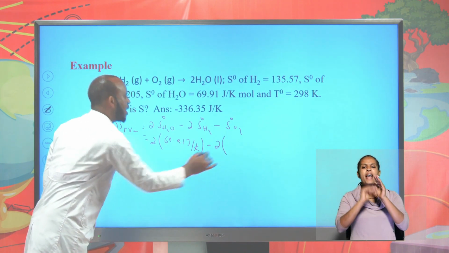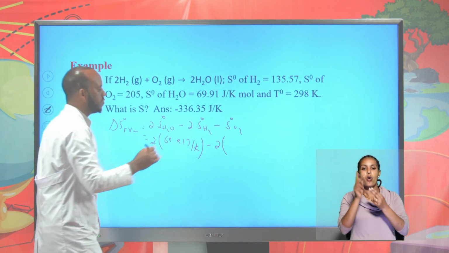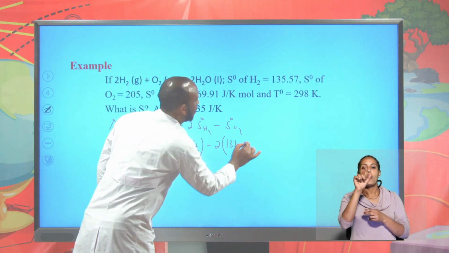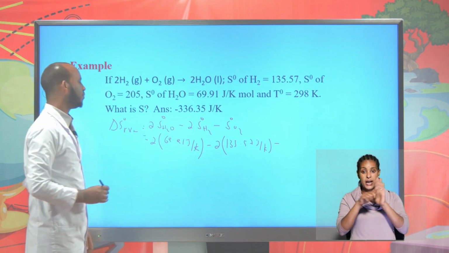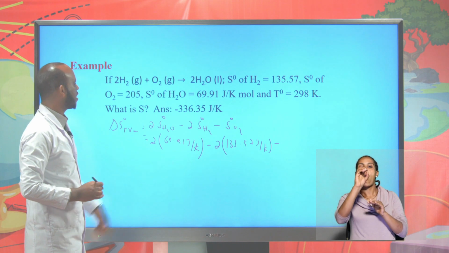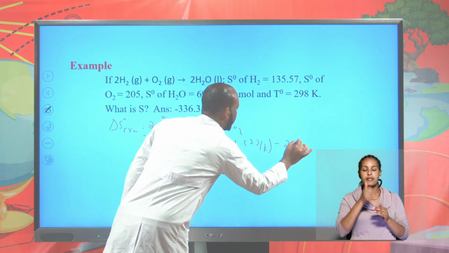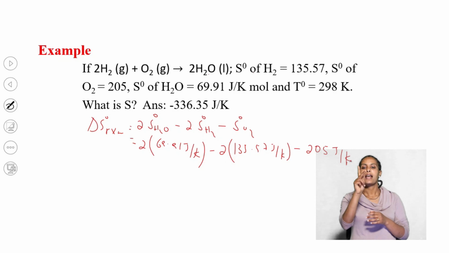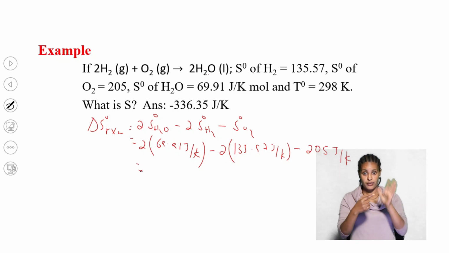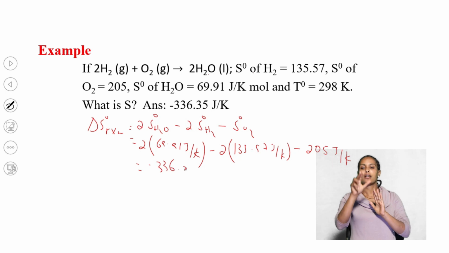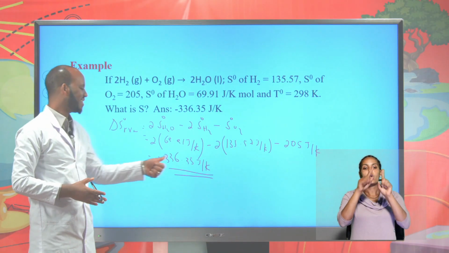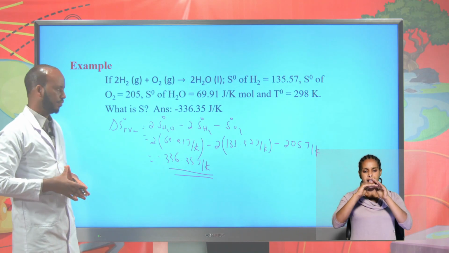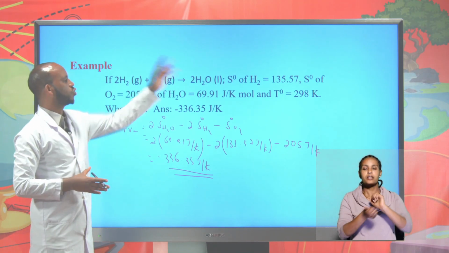Minus 2 times the molar entropy of hydrogen, which is 135.57 joule per Kelvin, minus the molar entropy of oxygen, which is 205 joule per Kelvin. Now this gives minus 36.35 joule per Kelvin. You see, it's negative. Entropy change delta S is less than 0. You see the change from gas to liquid.